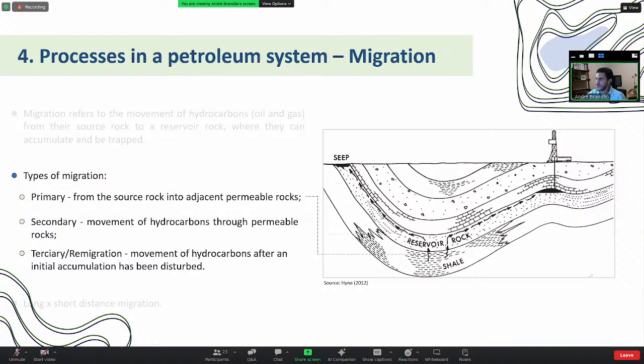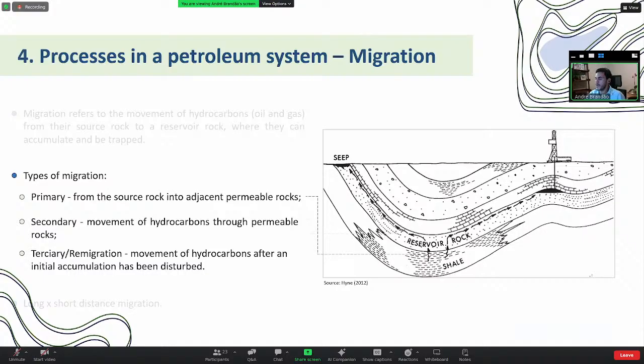And with increasing pressure, temperature and time, you will be able to generate oil in the source rock. That will lead to the creation of microfractures, and that will expel the oil from the source rock into this carrier bed or the reservoir.